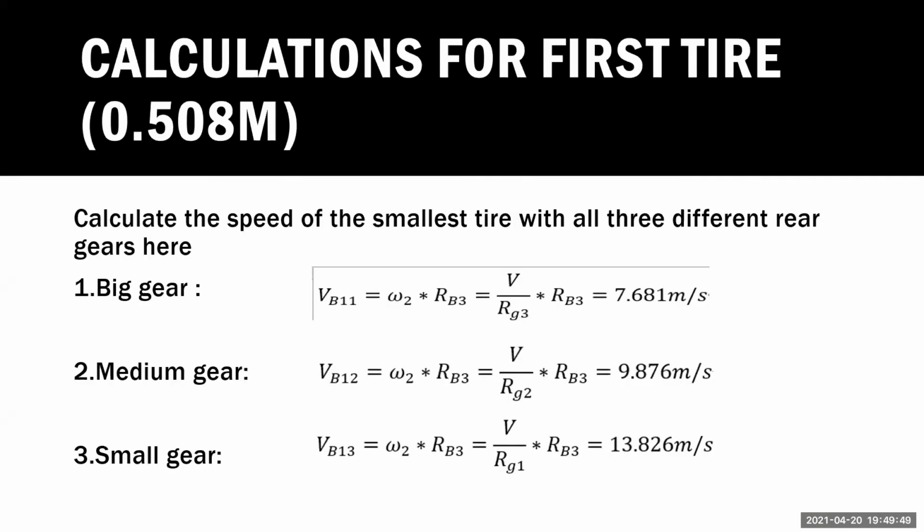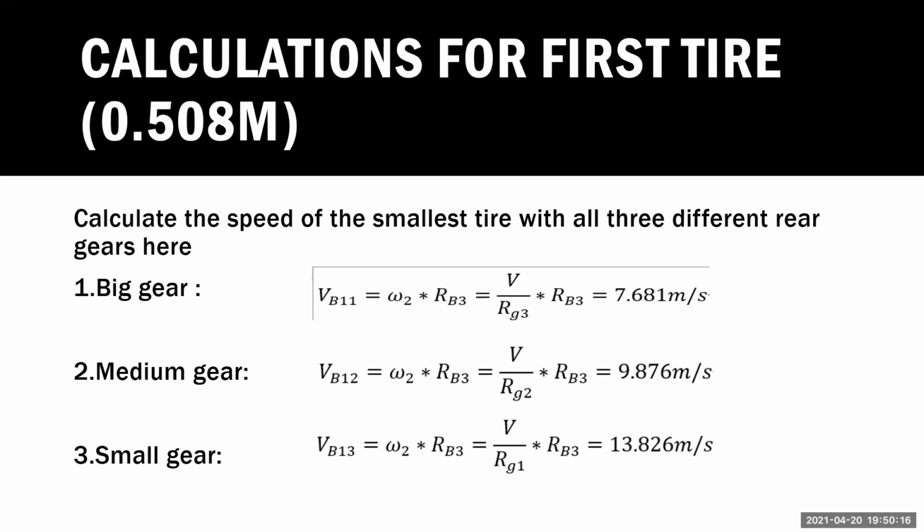So here are their calculations for the first tire. As you can see, they used V rather than the angular velocity equation, which is W1 times R1 is equal to W2 times R2. But as you can see, they have the speed for the smallest tire with the big gear, medium gear, and small gear.